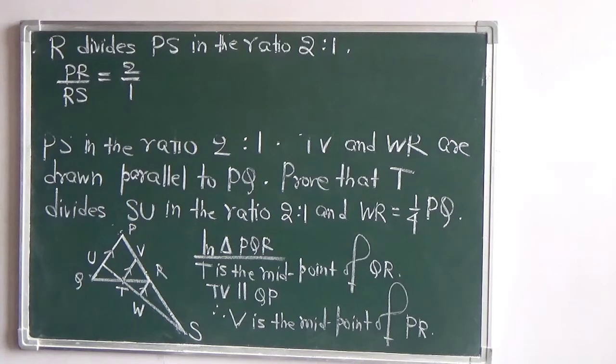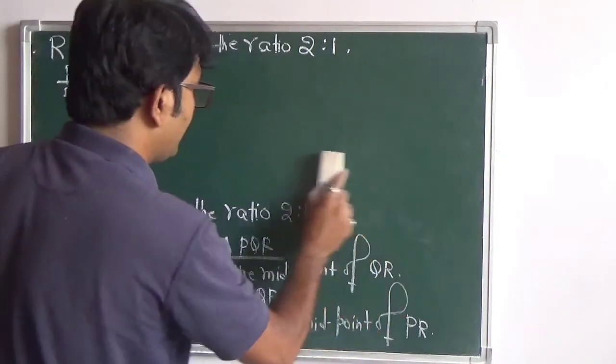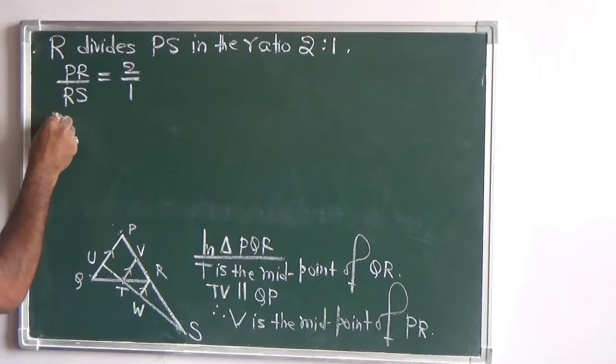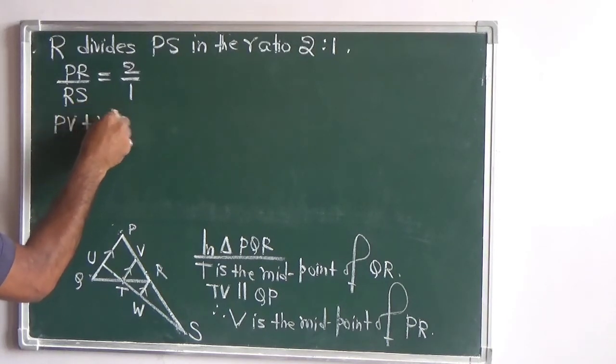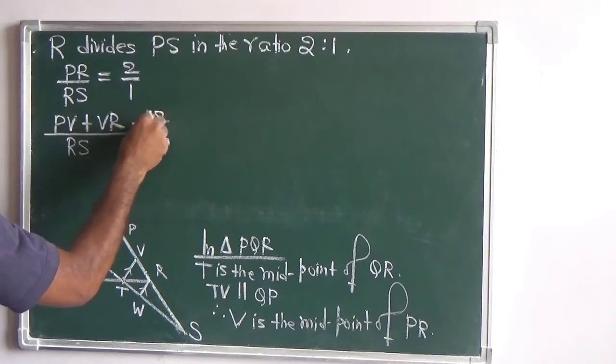So if PR by RS is 2 by 1, we can write, in place of PR you can write PV plus VR. So PV plus VR by RS is equal to 2 by 1.